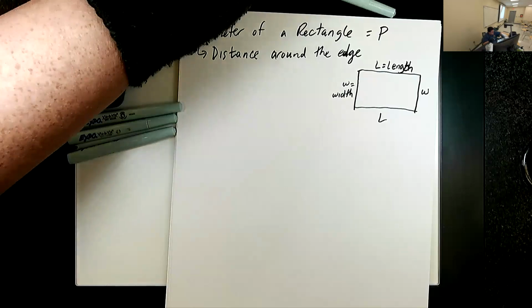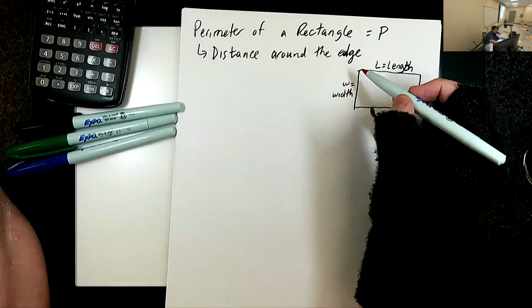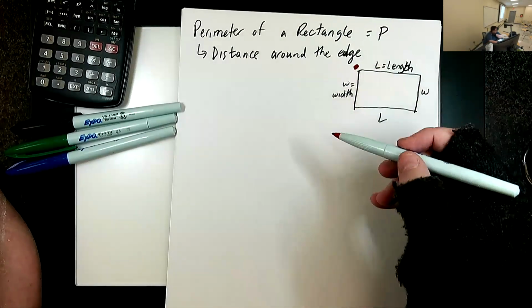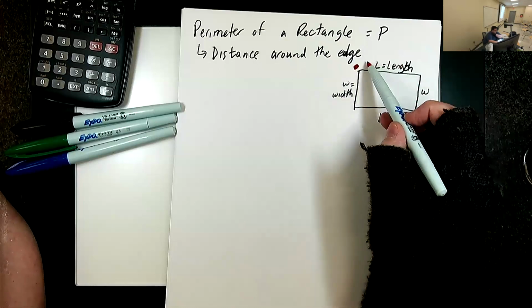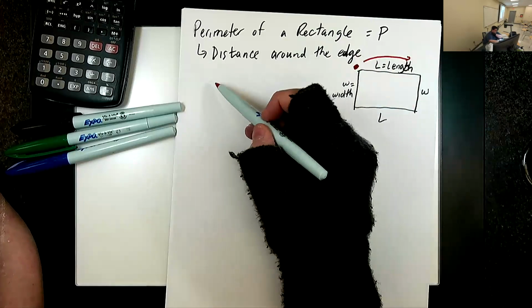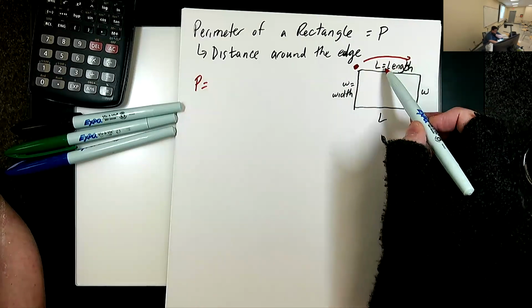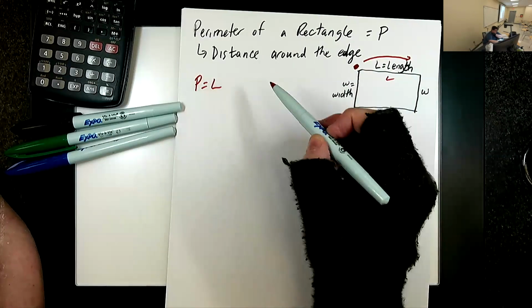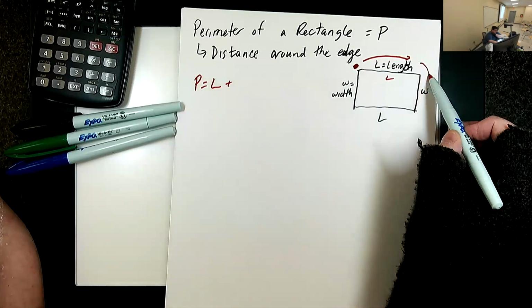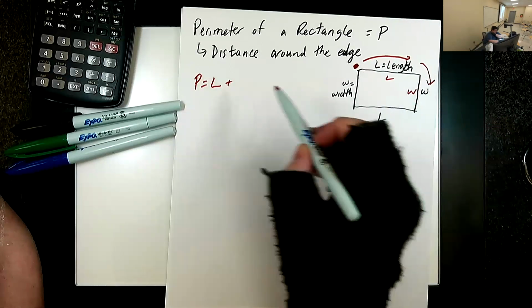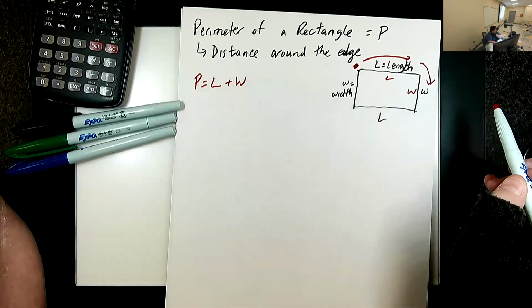Now, if I want to find the perimeter, the distance around the edge, it helps to pick a starting point and just go around the edge and start adding them up. So if I go around clockwise, starting at the upper left, the perimeter equals this L, plus we get to this side, that W, we add that W in.